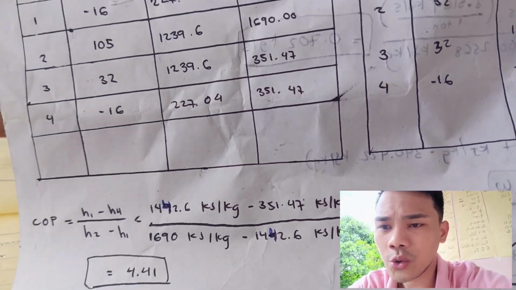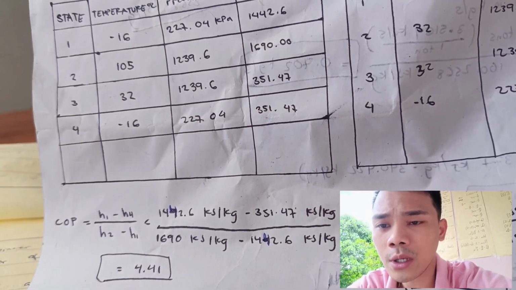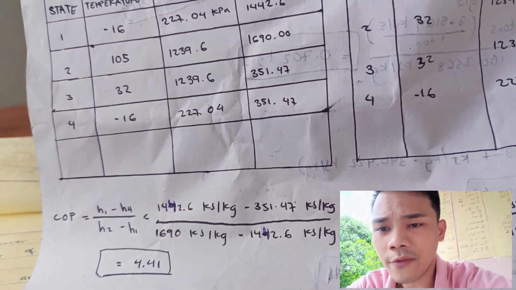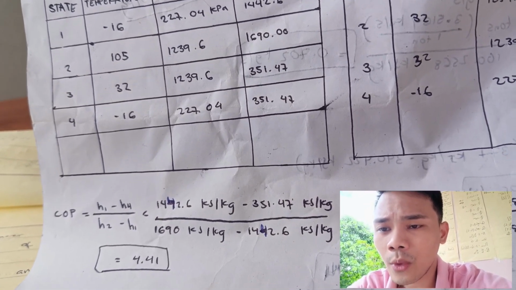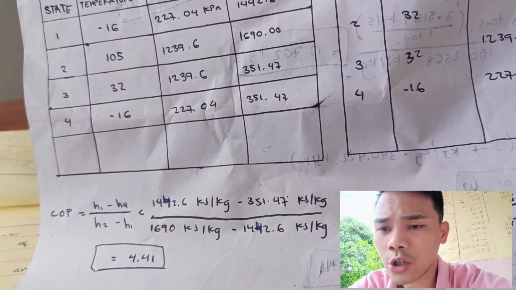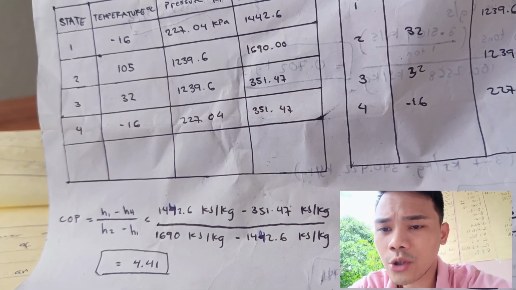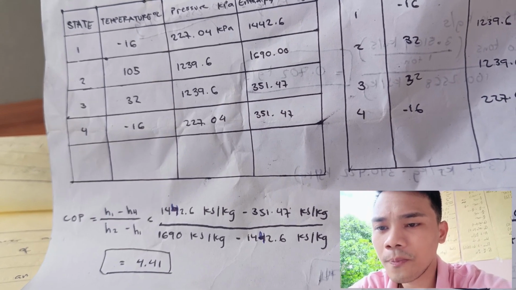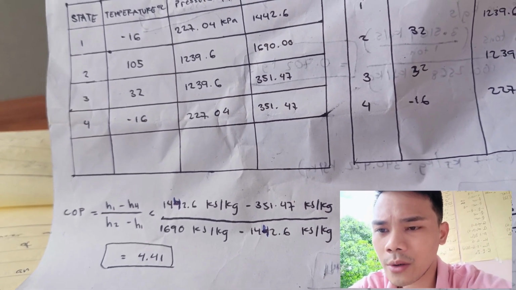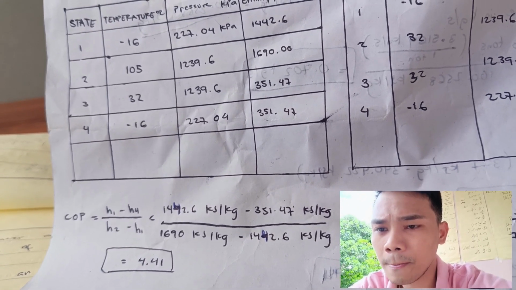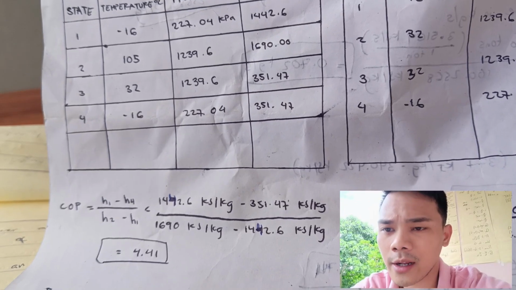We have H1 1442.6 kilojoules per kilogram minus 351.47 kilojoules per kilogram over our H2, 1690 kilojoules per kilogram minus 1442.6 kilojoules per kilogram. We calculate that and our answer is 4.41. It has no unit because kilojoules per kilogram cancels.